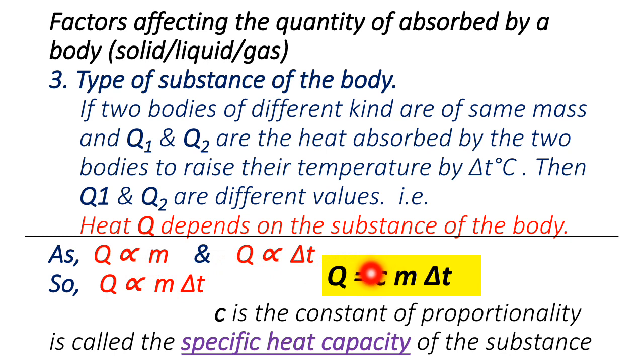So here this C is the proportionality constant, and we have Q equals C m into delta T.